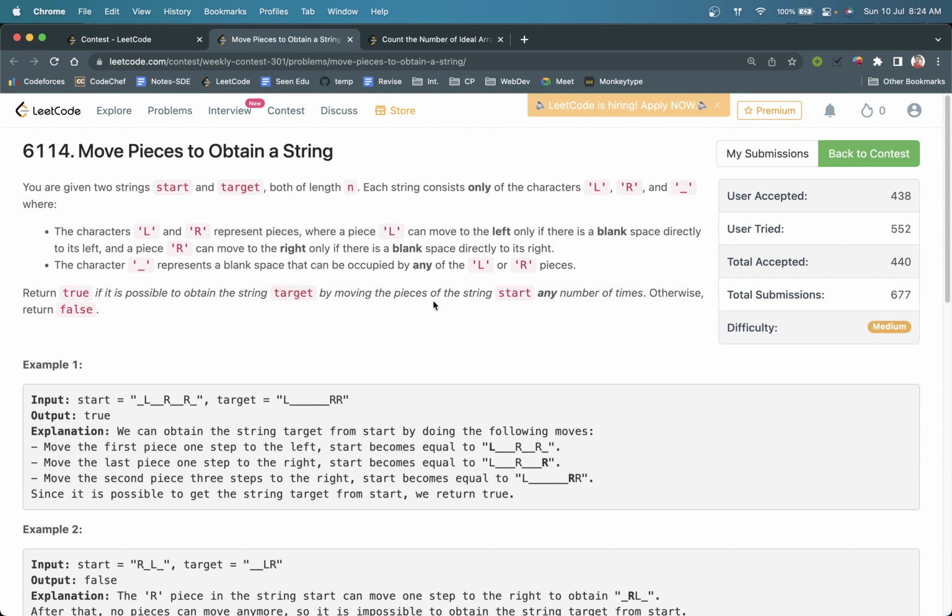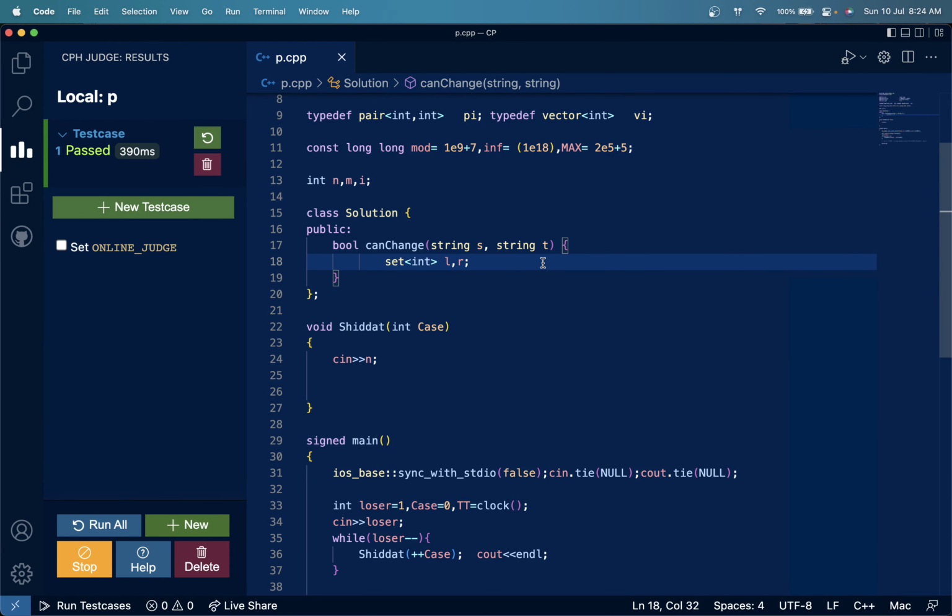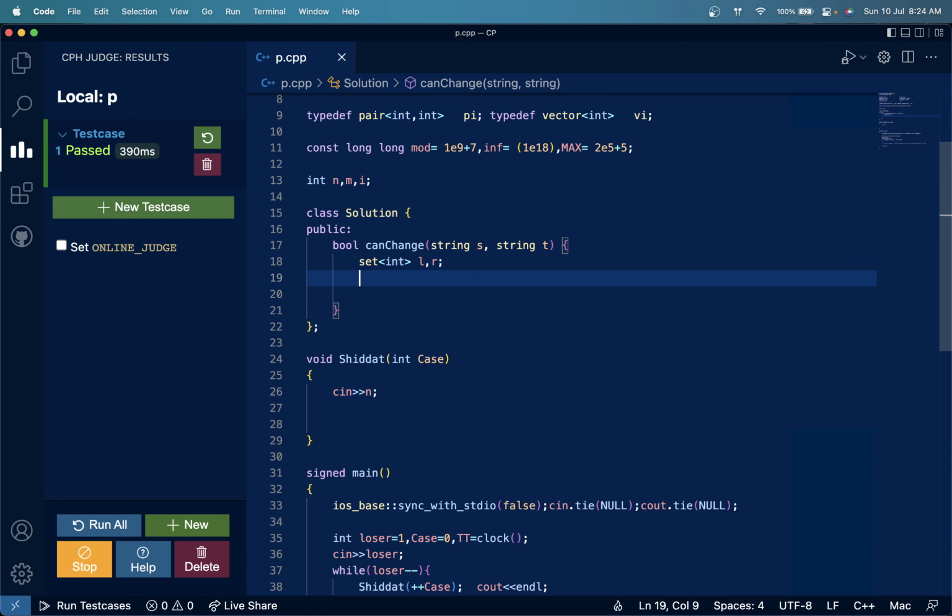We have to obtain the target by making an else scenario presented where the L can move to left only if the blank space is there. So starting and target, they have to be of the same size. So I started trying to match this.